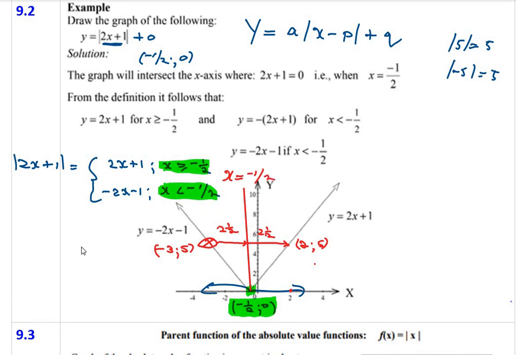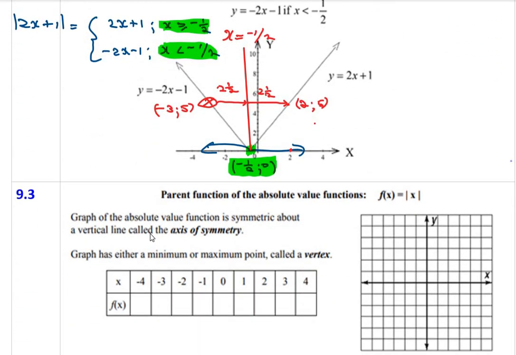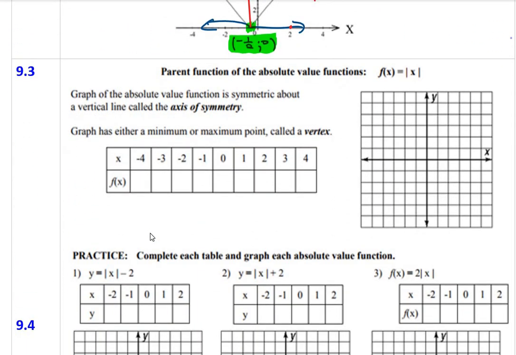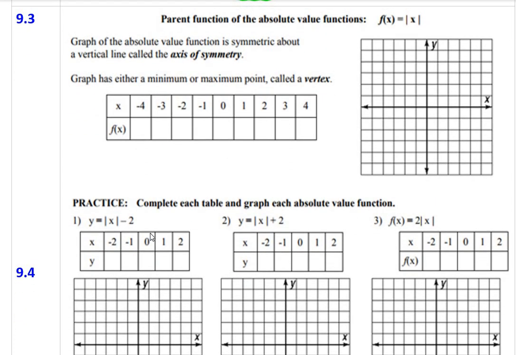It's really not difficult work. I hope you understand. I have given you a table, just for people to see that it works. But remember, we're not going to use tables anymore. We do the salient points, x-intercepts, y-intercept.